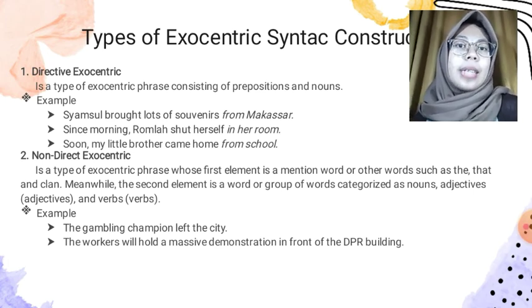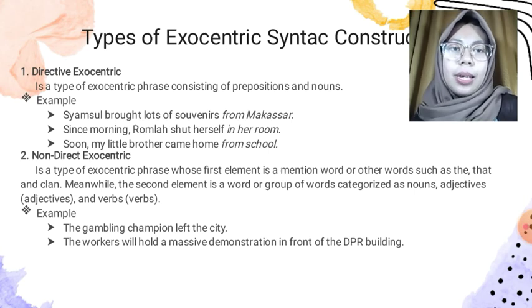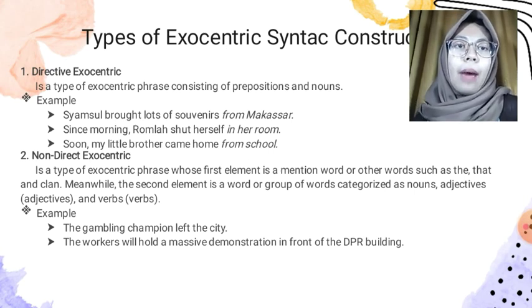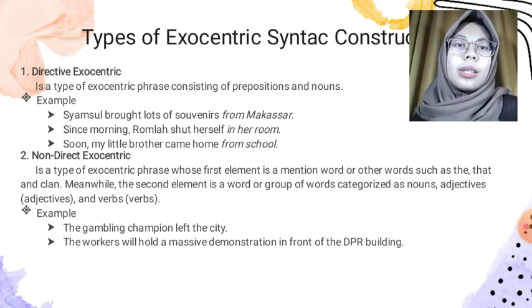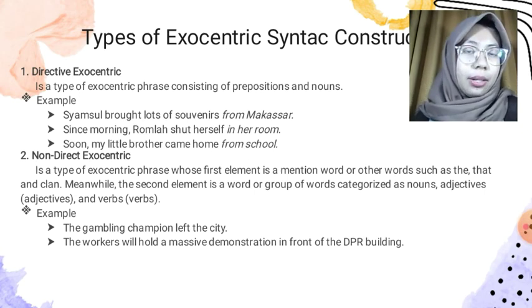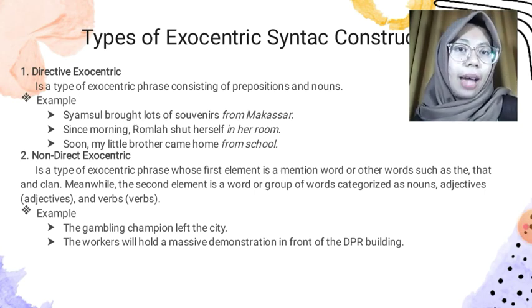Okay, the examples are: the first one is, the gambling champion left the city. And the second one is, the workers held a massive demonstration in front of the DPR building. So now we are going to the next type.